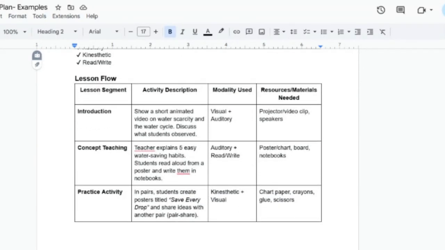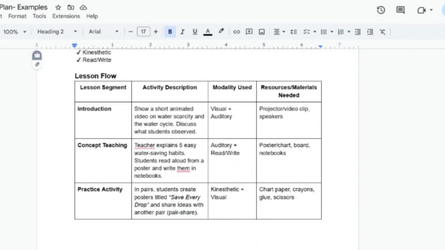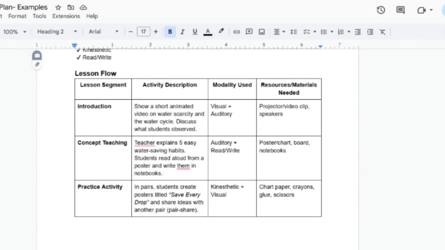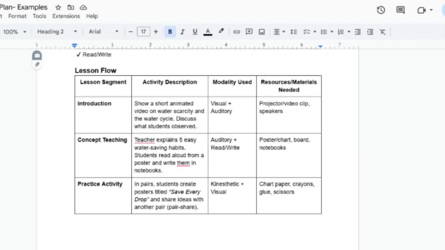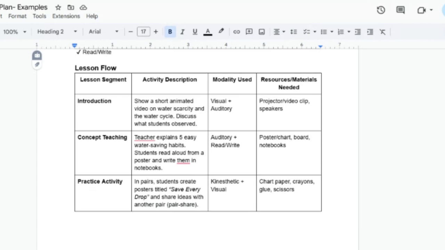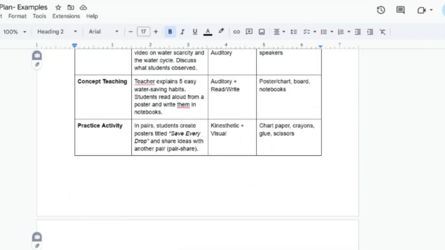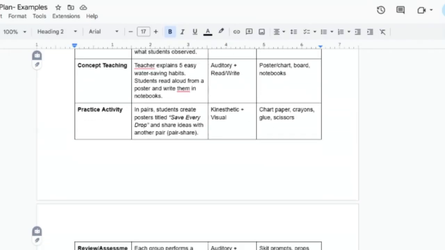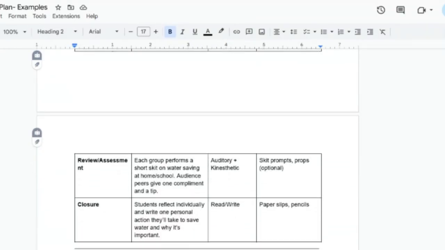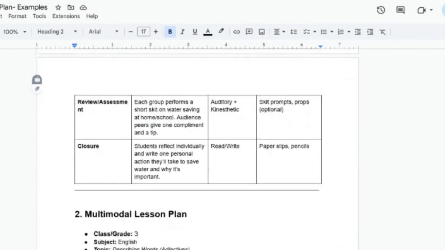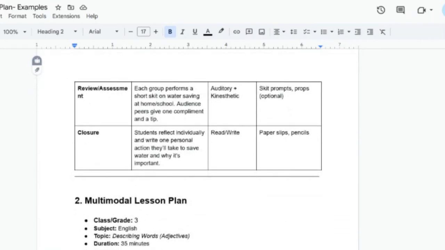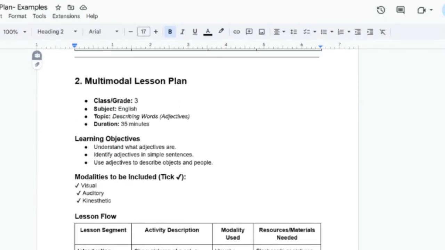So we have columns for the lesson flow. What the lesson segment is, like what we are doing in the class, the activity, how you're going to do it, the modality used, which modality we are using while doing this particular segment, and the resources or materials used. So introduction is there, then concept teaching, how you're teaching the concept, then practice activity, review or assessment, and the closure of the lesson. In the same way, we have a multimodal lesson for grade 3.